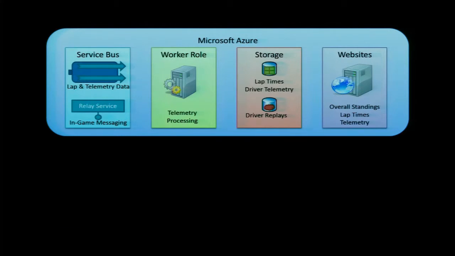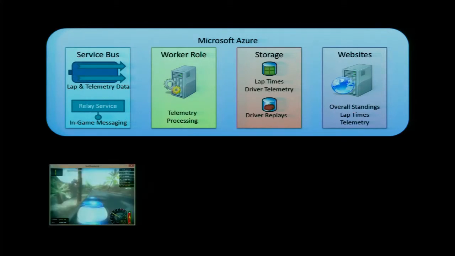So we have lap and telemetry data coming in from the drivers who are driving the laps. I have a worker role running in Windows Azure, which is listening and dequeuing this data, and it's then going over to storage services. I'm using table storage to store the lap times and the driver telemetry, and blob storage to store the driver replays data.